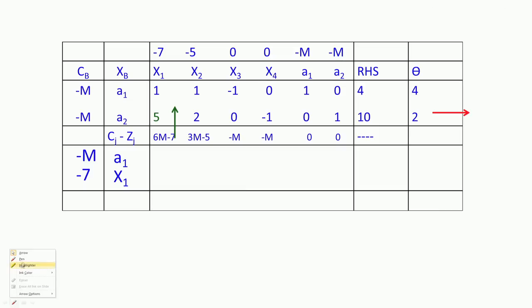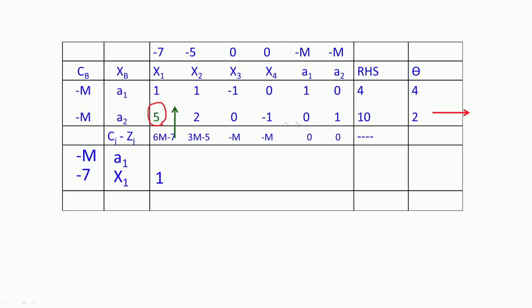Now this element, which is the intersection of the entering variable and the leaving variable, which is shown in a different color, this is your pivot element, and this row is your pivot row. So as we did previously, divide every element of the pivot row by the pivot element. So 5 divided by 5 is 1.